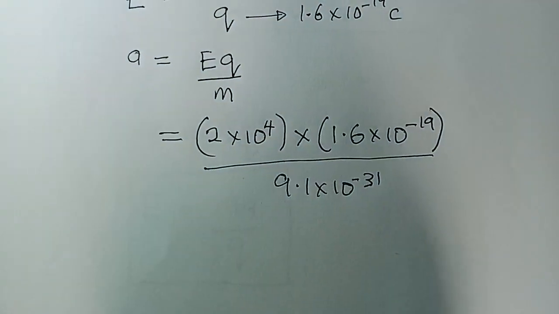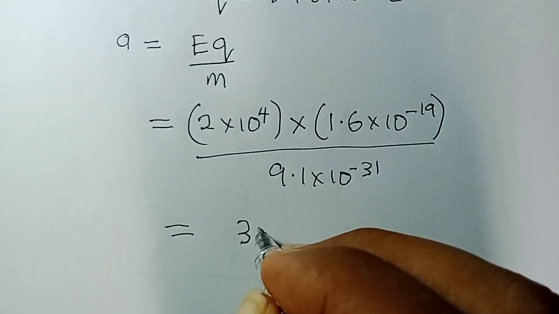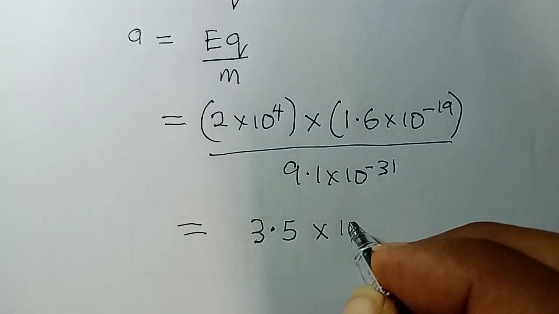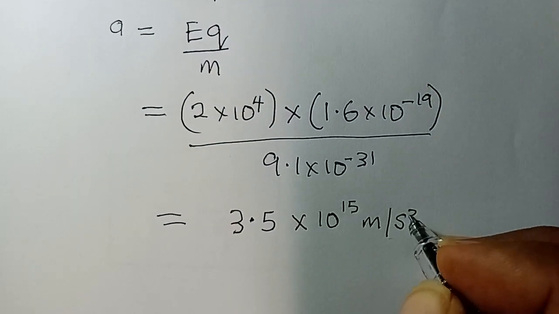So if we simplify this, I believe we're going to get something like 5.3 times 10 raised to the power of 15 meters per second squared.